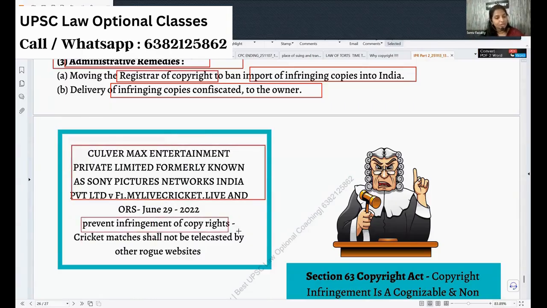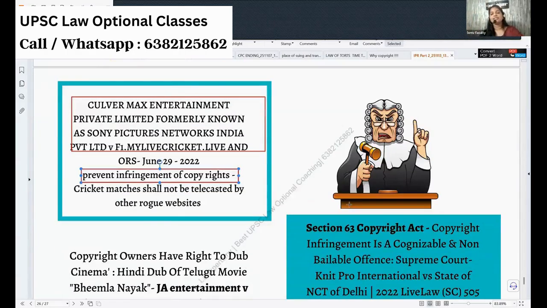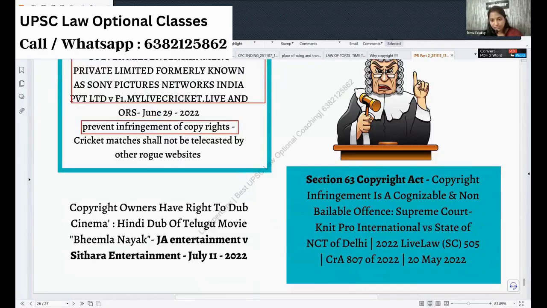It prevented infringement of copyrights, because only these people can take the video and telecast the cricket matches. No others can do it. Like that, they got the injunction. And next, we talk about Section 63 of the Copyright Act, which makes infringement of a copyright a cognizable and non-bailable offense.